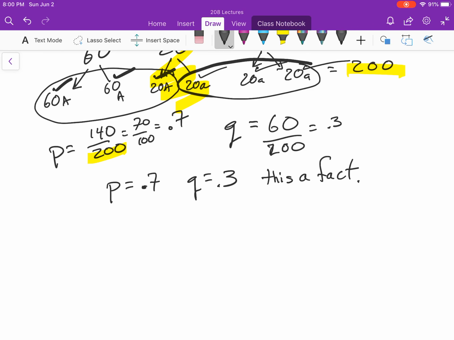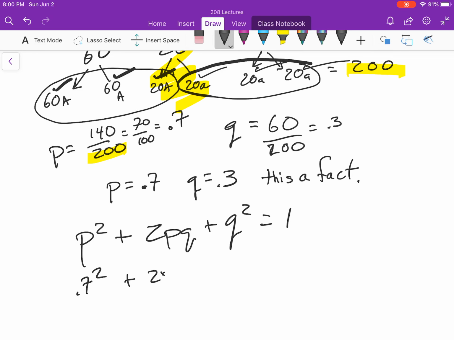Now we can go back and calculate what D, H, and R would be if Hardy-Weinberg equilibrium were the case for this particular situation. This would be 0.7 squared plus 2 times 0.7 times 0.3. Gosh, these numbers are familiar.